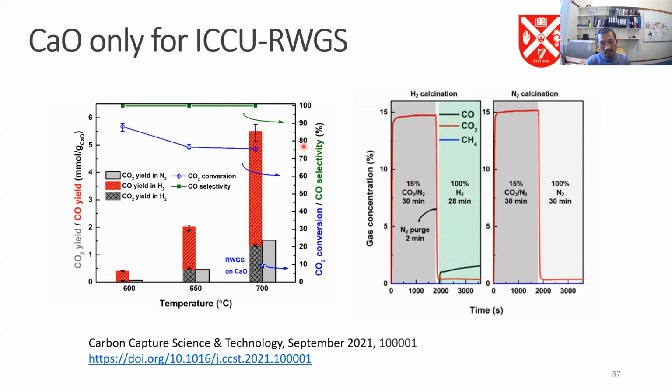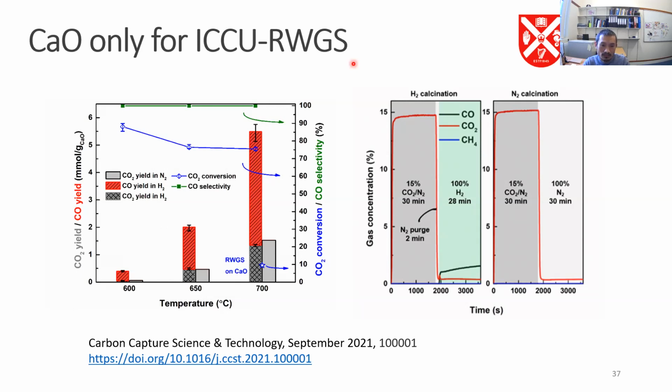That means 80% of the captured CO2 converted to CO, which is actually about the thermodynamic limitation of CO2 hydrogenation. We understand that for all the reverse water-gas shift reaction research, the conversion of CO2 is limited to 65% or less than 65%.